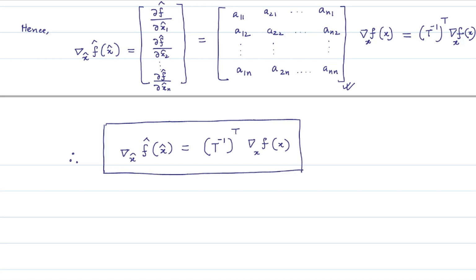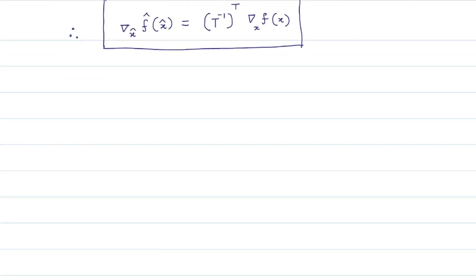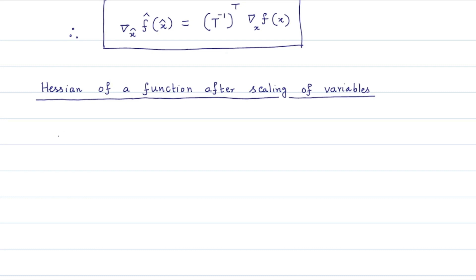Now we shall go for calculating the Hessian of a function after scaling or transformation of variables. In calculating the Hessian of a function, we consider a function f that is known to be twice continuously differentiable.